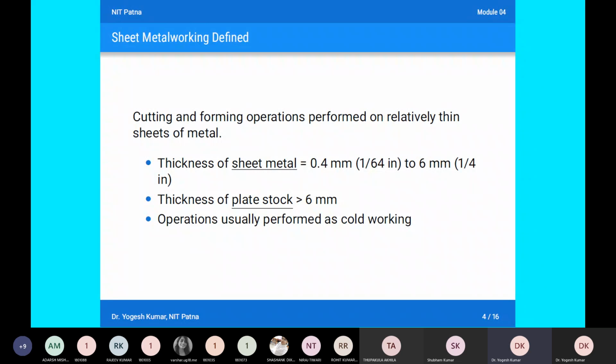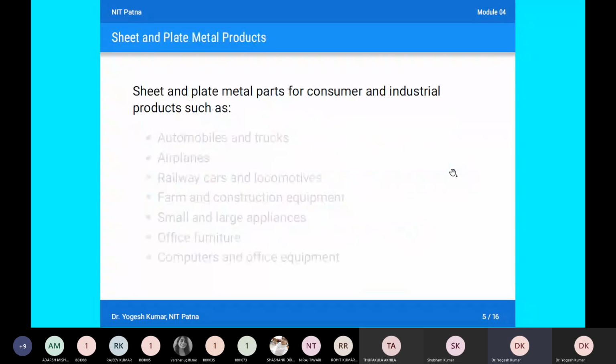But in the case of sheet metal working processes, since the thickness of the sheet is very low, we require less force.